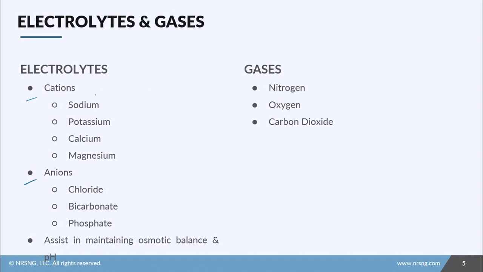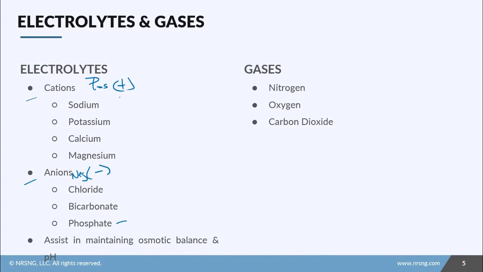Cations are your positively charged ions, and your anions are your negatively charged ions. So these are actually listed in their order of abundance. Sodium is going to be far more abundant than magnesium in the plasma. Anions, same way. Chloride is going to be more prevalent in that plasma than, say, phosphate.